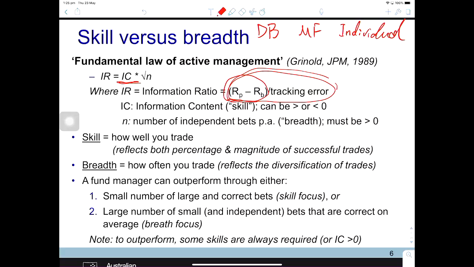But if they are right with one particular large bet, they're going to reap the benefits of outperformance and, of course, bonus.